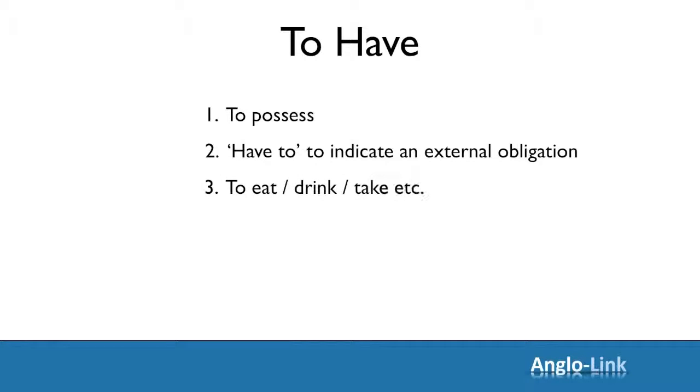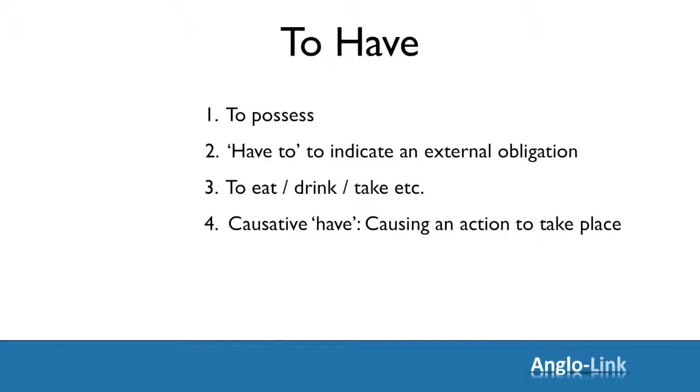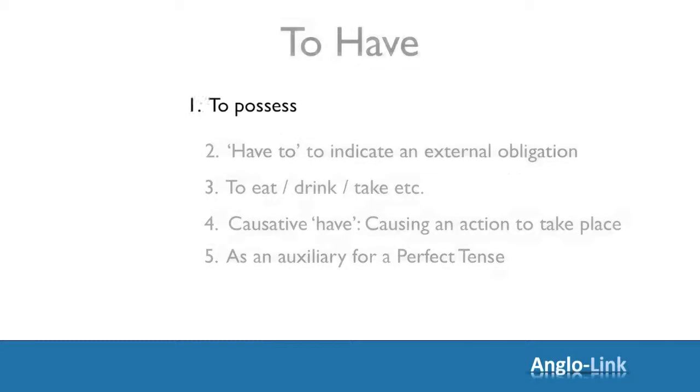It also replaces other main verbs such as eat, drink, and take. Then we have the causative have, which is causing an action to take place. And finally, it is also an auxiliary to formulate a perfect tense. So let's start with the first meaning, to possess.